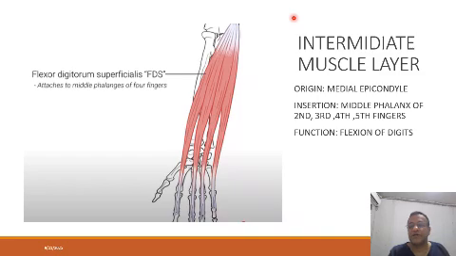Flexor carpi ulnaris gets the innervation from the ulnar nerve. So flexor digitorum superficialis origin is medial epicondyle, insertion is the middle phalanx of second, third, fourth, fifth fingers, and function is considered flexion of digits.